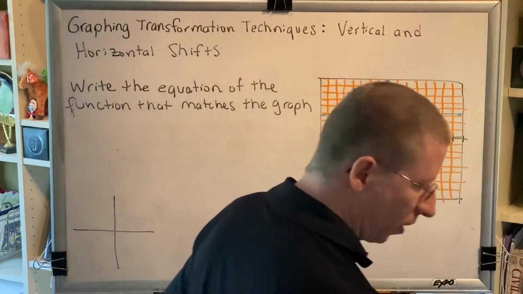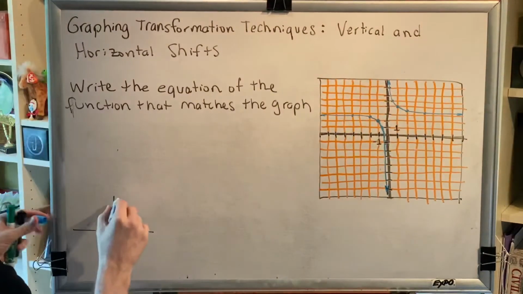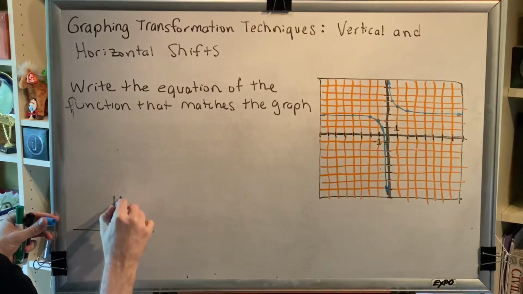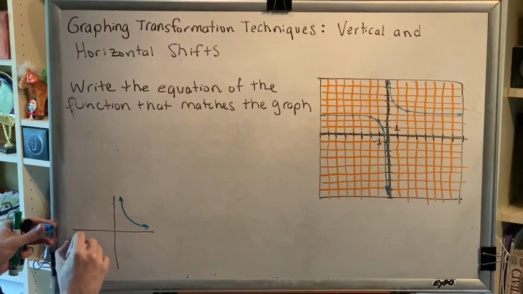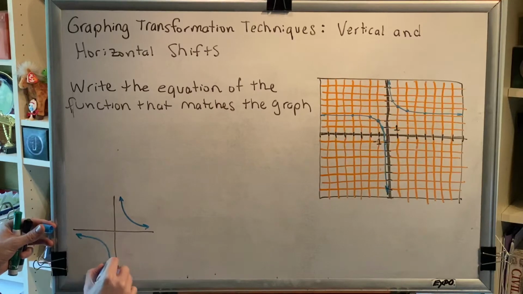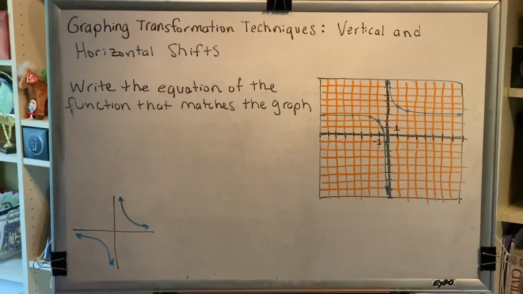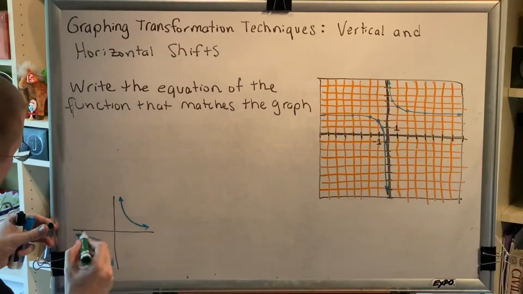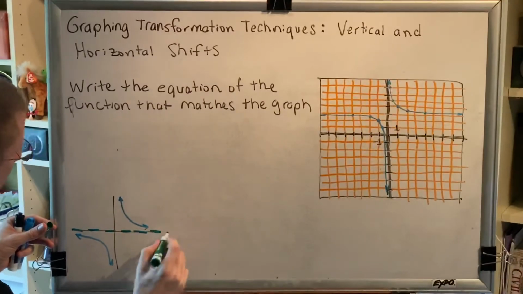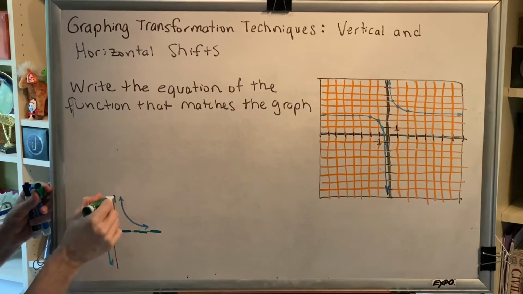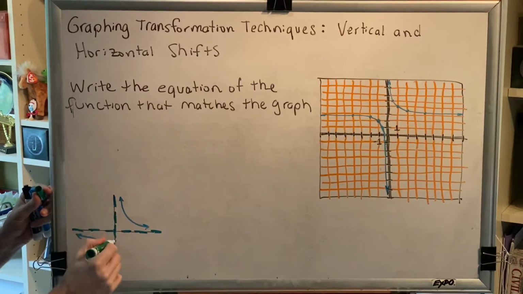The reciprocal function is the one that has these two wings in it, where in quadrant 1, we have this curve, and in quadrant 3, we have this curve. And we note that the reciprocal function has asymptotes sitting right on top of the x-axis and right on top of the y-axis.